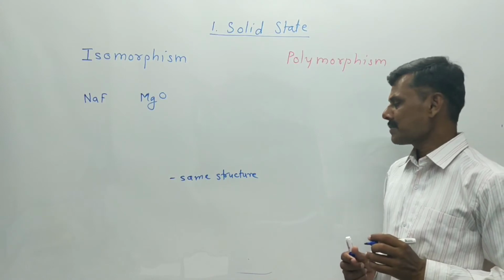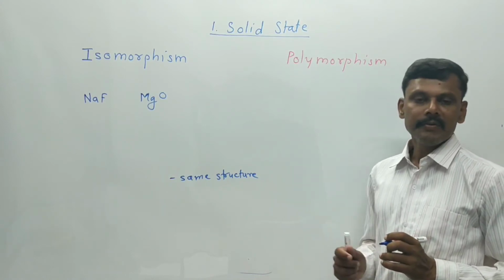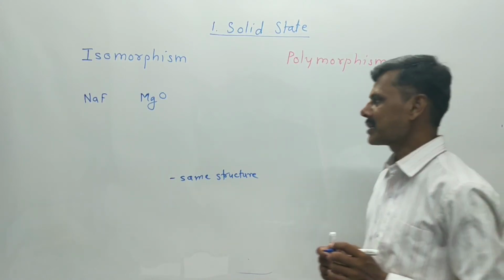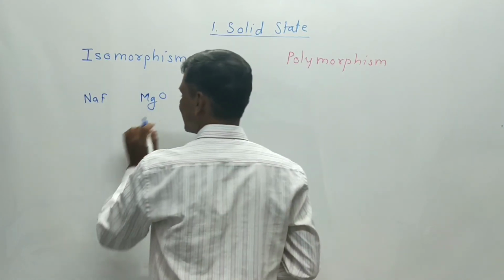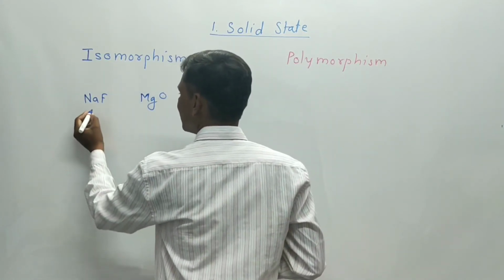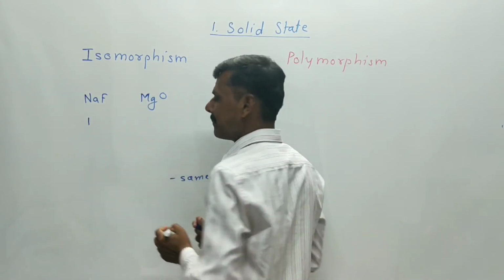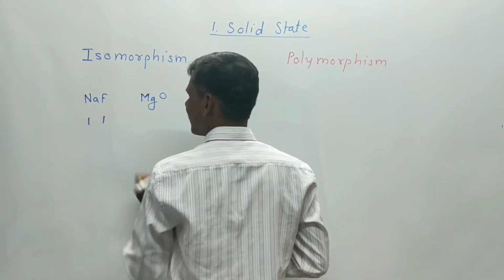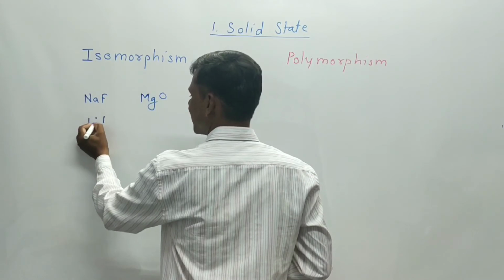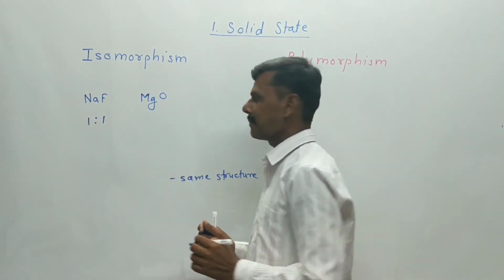Since they have same structure, if we observe the atomic ratio in case of these two compound, in case of NaF, there is one atom of sodium, one atom of fluorine, so atomic ratio is 1:1.